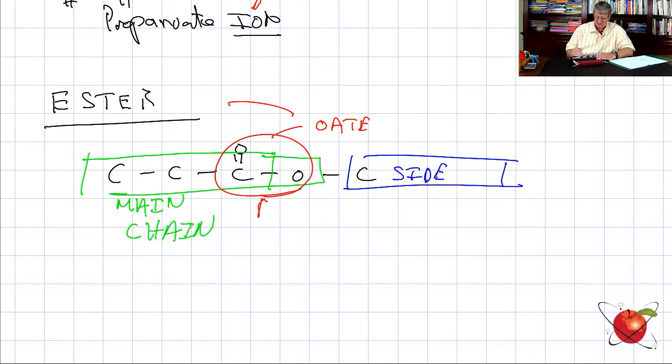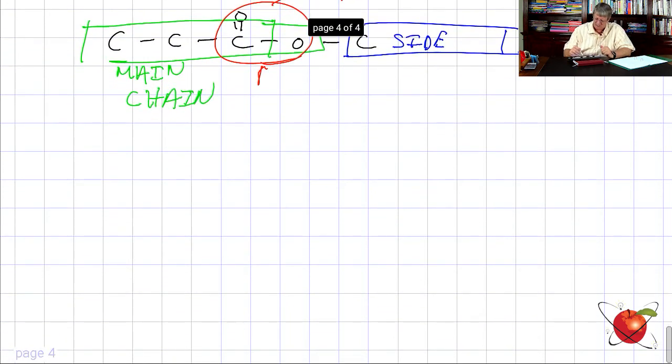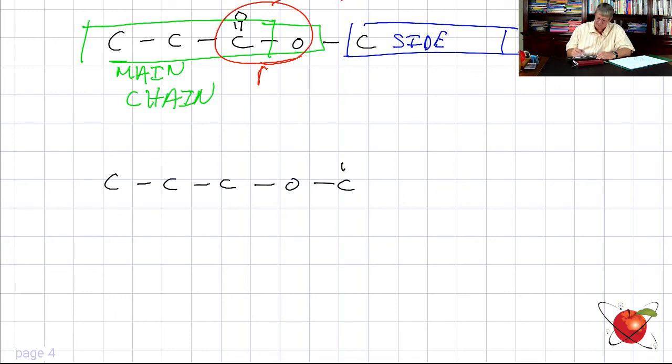It must be in that order: double bond O and an O next to it, right? So now let's have a look at what these look like. This form is like this. Let's say we've got a CCC and an O, C, double bond O, C, C, C, C.